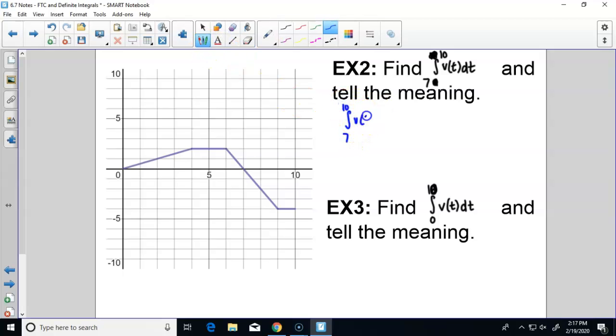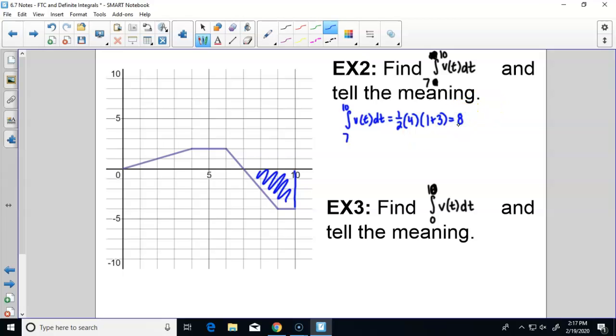of v of t dt, that is this area under the curve. So it would be 1/2 times, we have a height of 4 for this one, and then you've got 1 and 3 as your bases, so you would end up with 8 for that one.